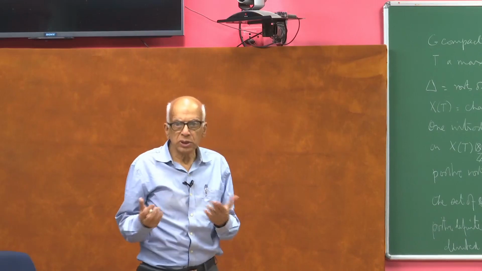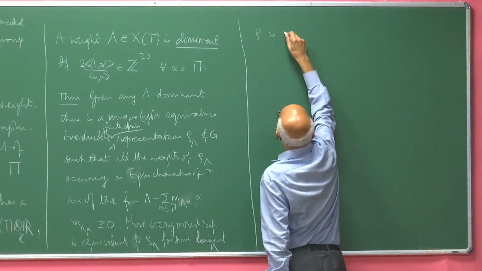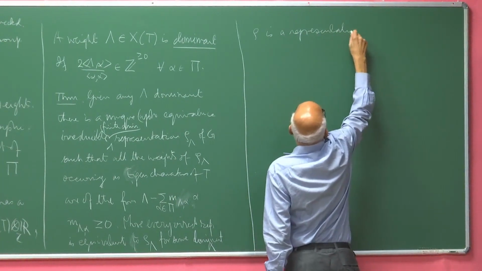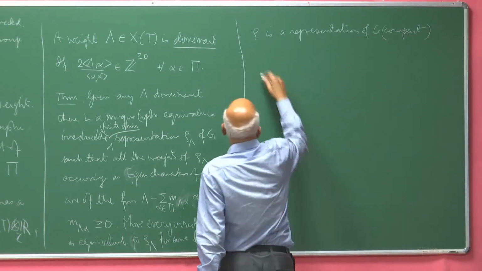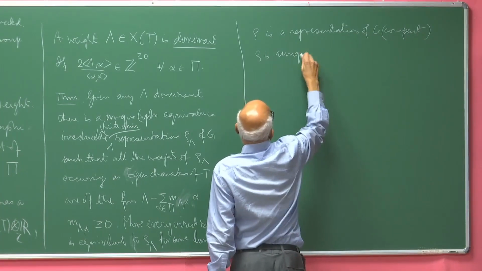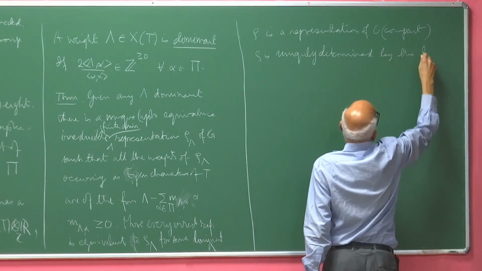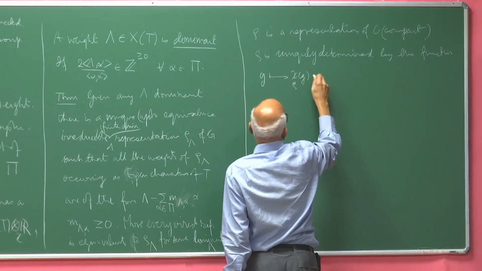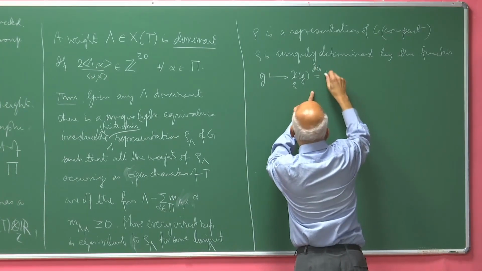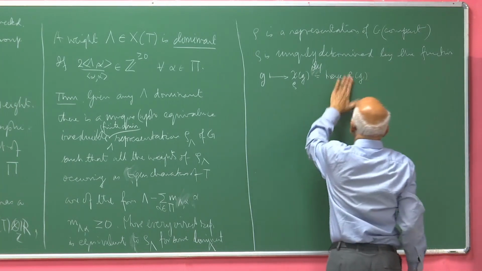We know that the representation of a compact group is completely determined by its character, namely, if rho is a representation of G, a compact group, then rho is uniquely determined by the function G going to chi rho of G, which is, this is the definition of chi rho, trace rho(g).